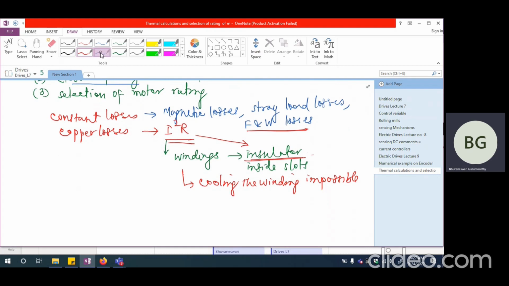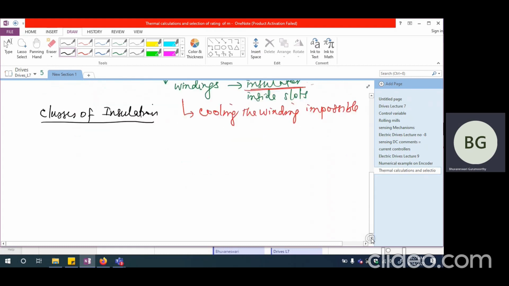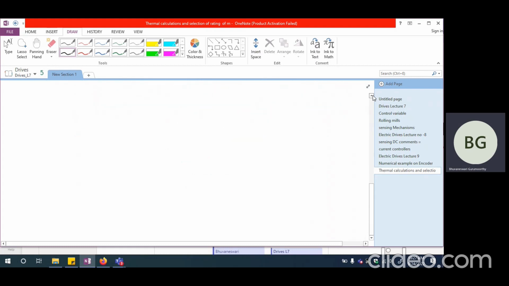But while operating a drive, we are going to talk about I square R losses more and more, which means temperature rise more and more. So there are different classes of insulation that are there for many of the electrical machines whose windings are going to be fortified with this kind of insulator.